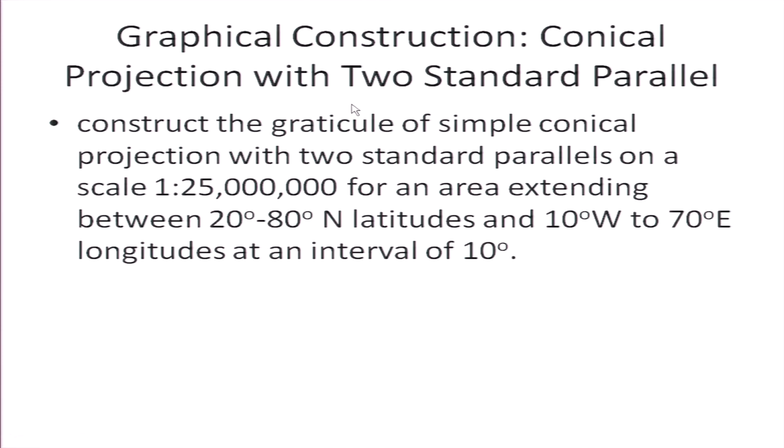This is actually an example of conical projection with two standard parallels. What is a standard parallel? When you studied simple conical projection with one standard parallel, you came to know that a standard parallel is the parallel along which the scale is correct. In this case there are two standard parallels, so the scale would be correct along two parallels.